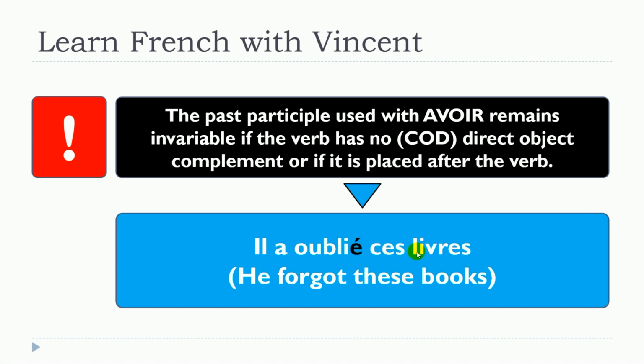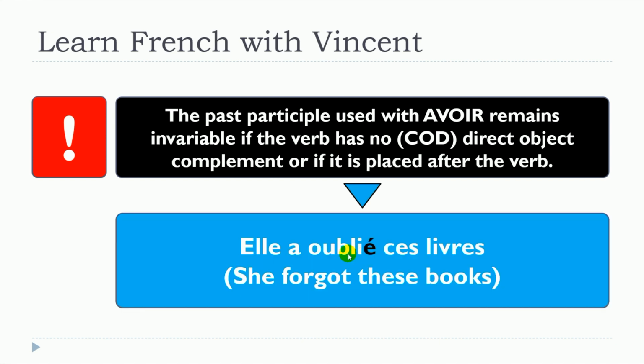In that case, it will be exactly like we had before. So it means that the past participle, oublié here, will be the same all the time, whether it's masculine singular, like here, il a oublié, or feminine singular, elle a oublié.